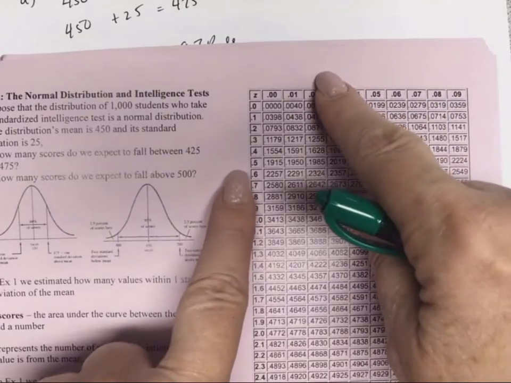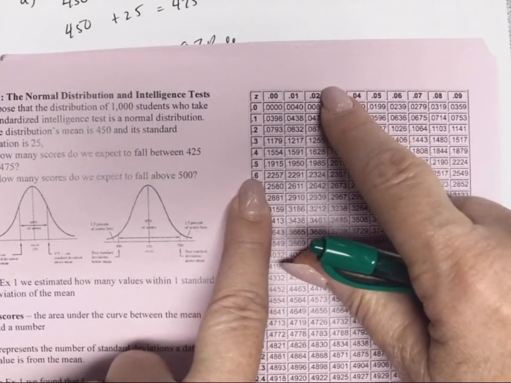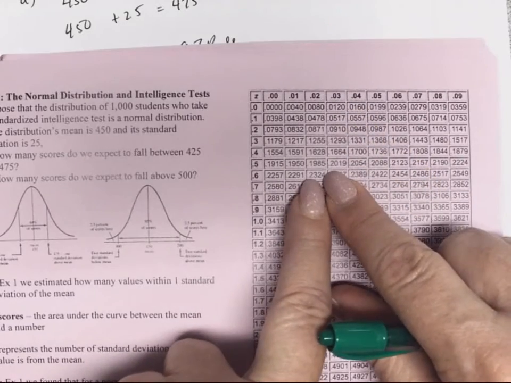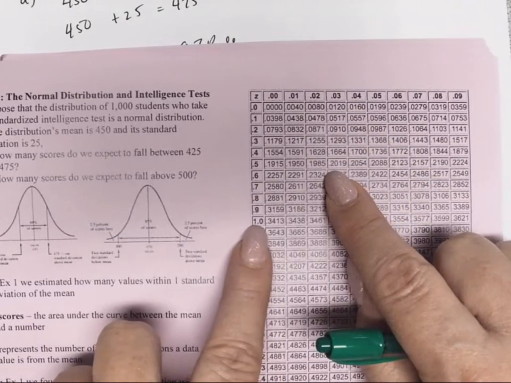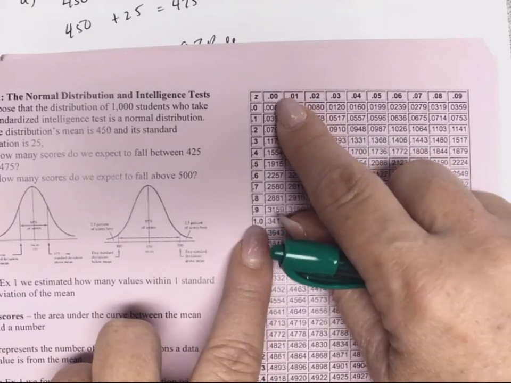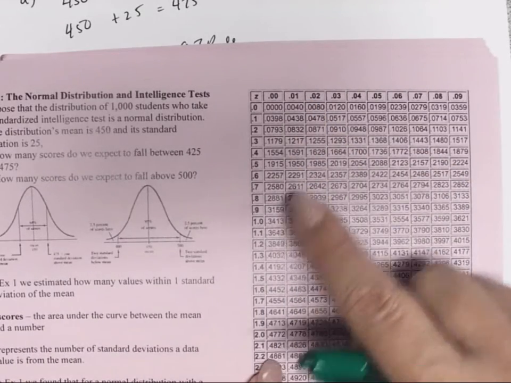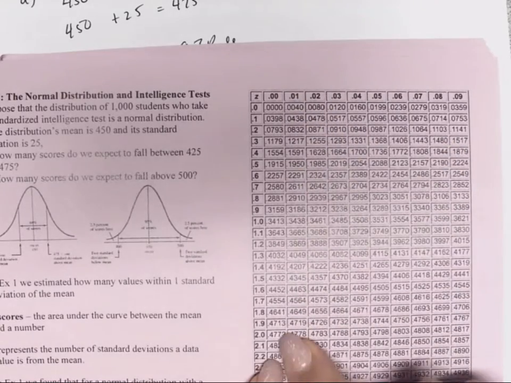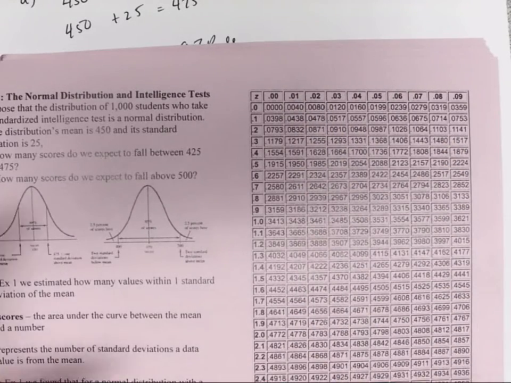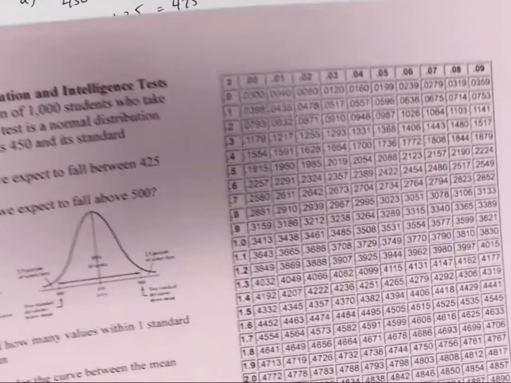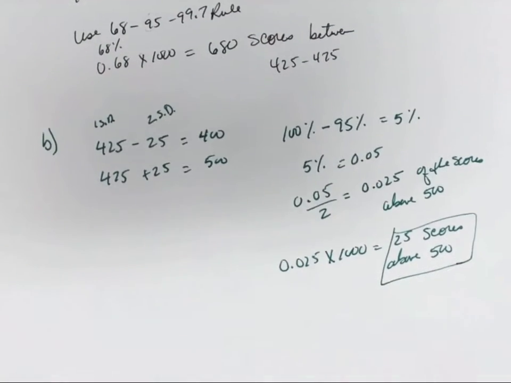So if you have like a 0.62, then you'll put those together. If you just have a 1.0, it goes with a 0.00 and it'll be right there. If you have like a 2.2 and a 0, it would go here. So you'll use the z-score table to figure out what you're looking for.